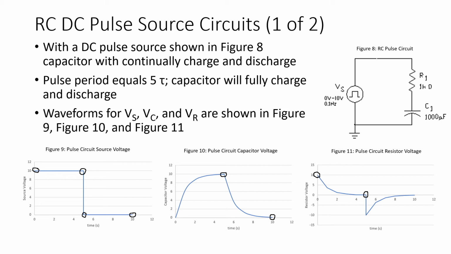Current will flow back in this direction as the capacitor discharges, and of course the polarity across the resistor will be positive to negative as shown. Through the period of 5 seconds, the capacitor discharges completely, and the voltage across the resistor will be 0 volts.